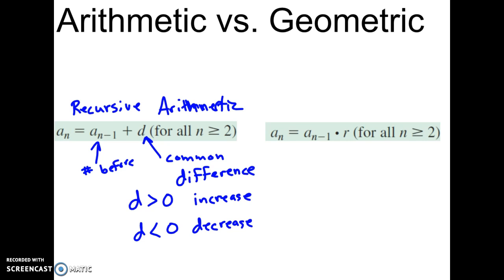And then for our recursive geometric, now we're multiplying each time. So once again, a of n minus 1, this is just the number before, so we just take the number before it, and then we multiply, and this is what we call a common ratio.